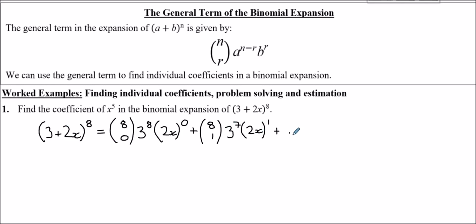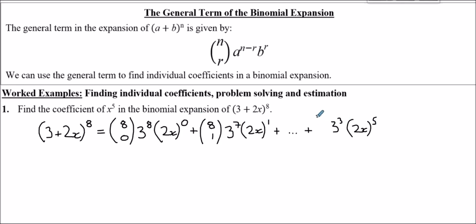So if I just imagine and start at the end, imagine we want 2x to the power 5. Well, the power sum will always be the same as the total power of the bracket, 8. For example, 8 is the same as 8 plus 0, which is the same as 7 plus 1. And so if this is a 5, we'll have 3 to the power 3 before it, because in the same way, 3 plus 5 gives us this 8.